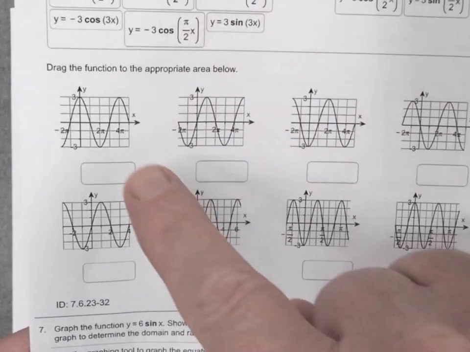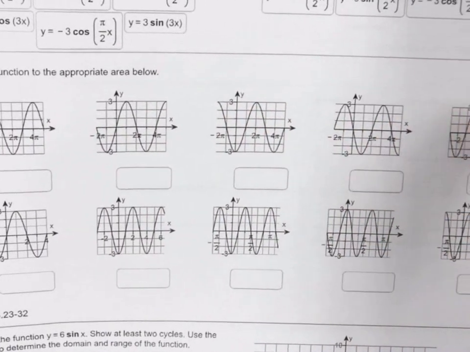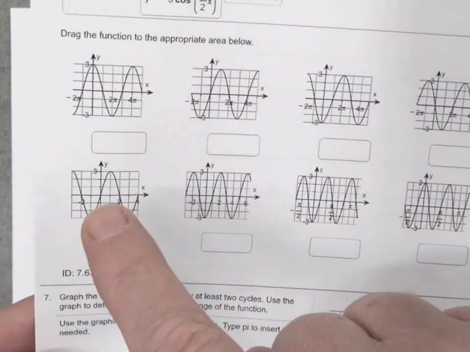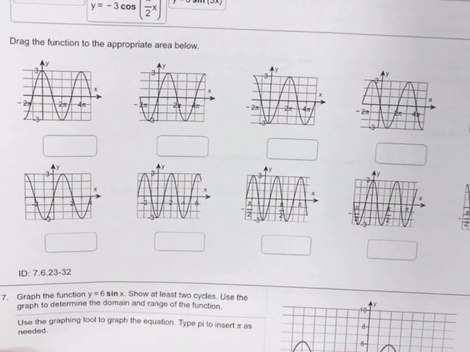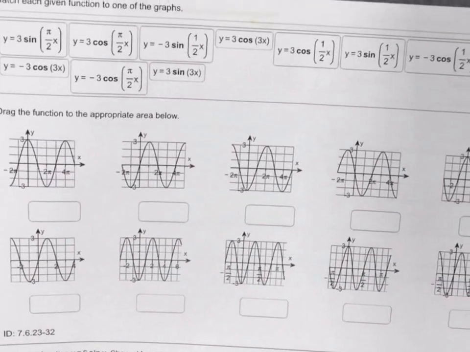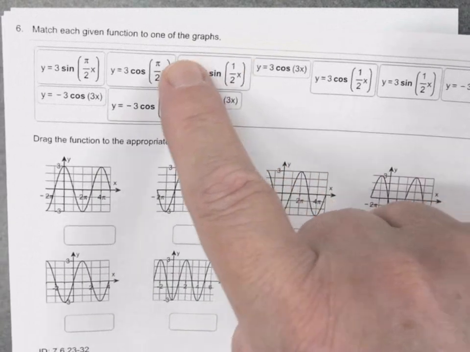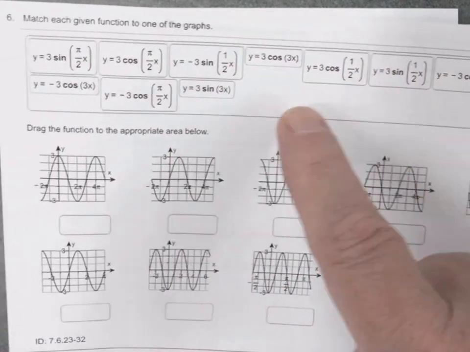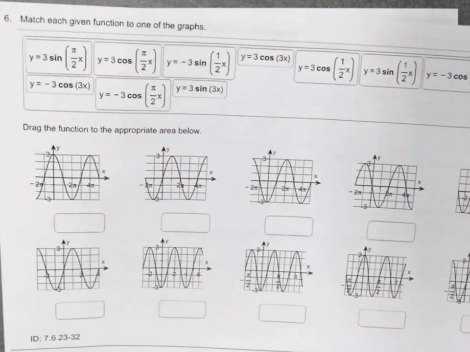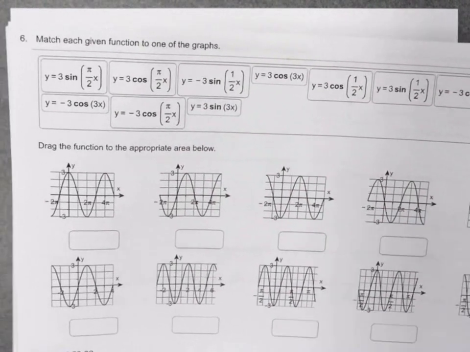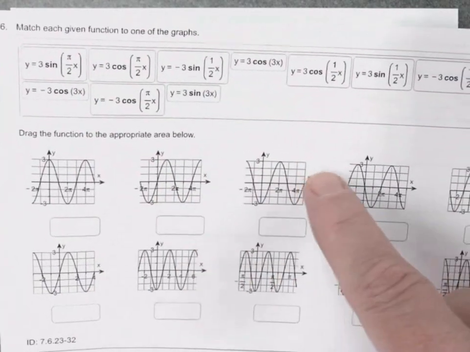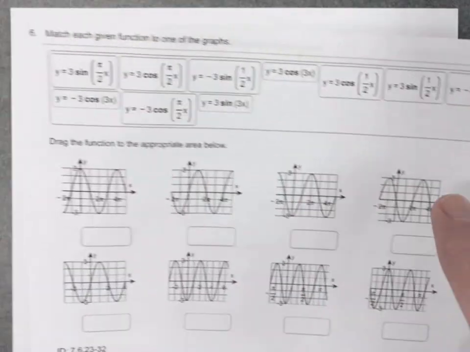You notice here are 10 different graphs of either cosine or sine waves, and above it are 10 different equations for either cosine or sine graphs. Each of these equations correlates to one of these graphs.